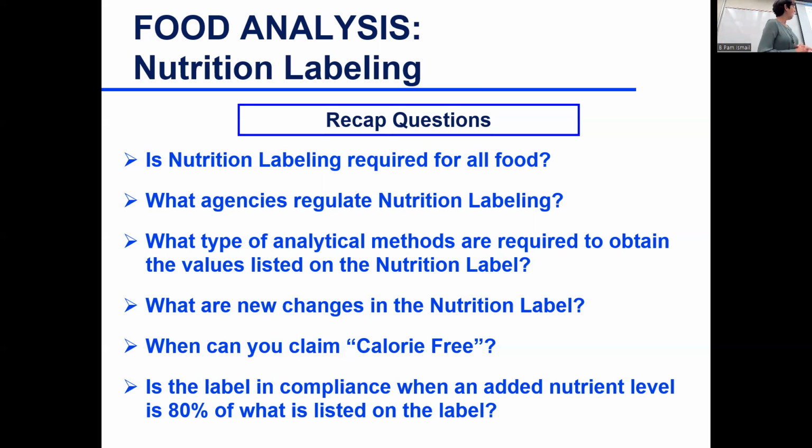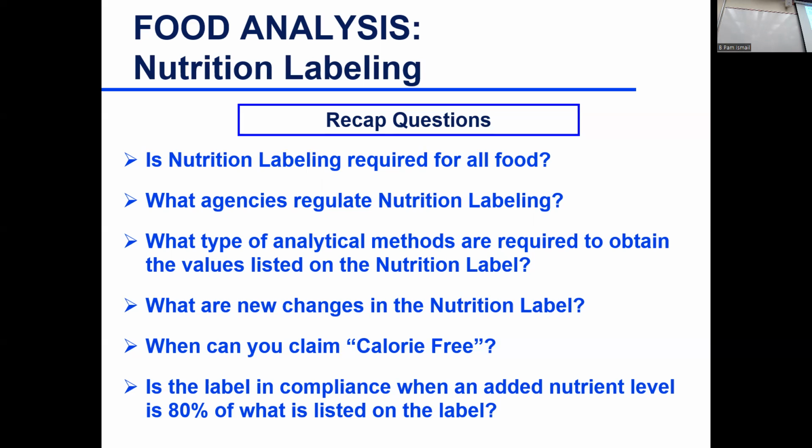That's great. We finished nutrition labeling last Monday, and we started data analysis, but I just want to have a little bit of a recap before moving on with where we were. So is nutritional labeling required for all food? No. Why not?